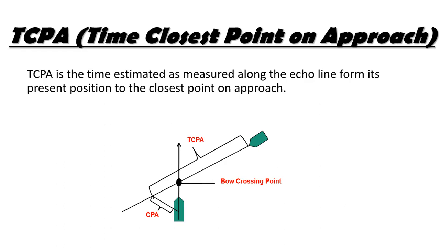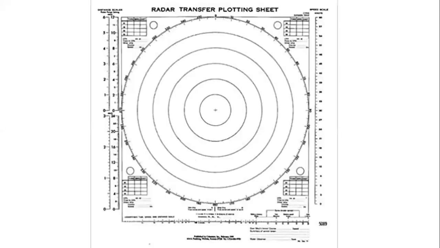TCPA is the time estimated as measured along the echo line from its present position to the closest point of approach. Now, what we've got here is the radar transfer plotting sheet. Okay? Meron kang distance scales.